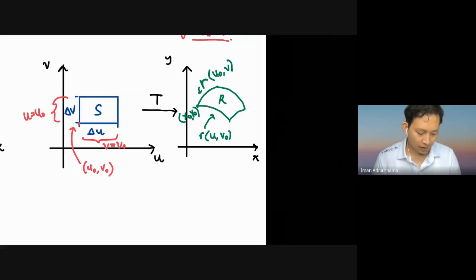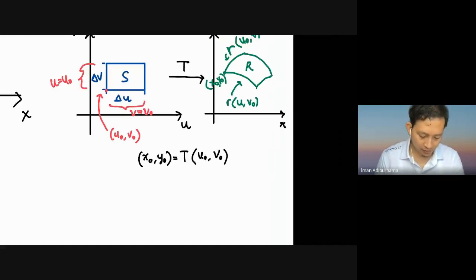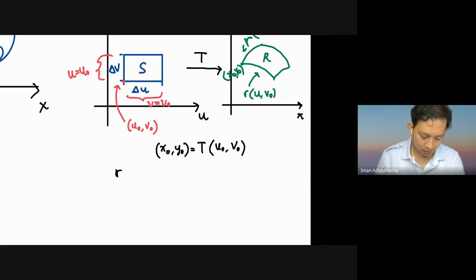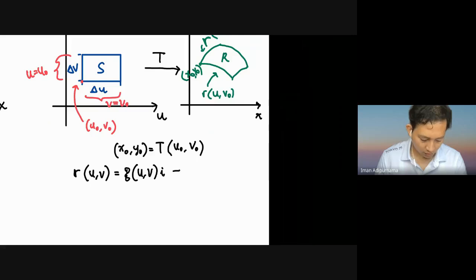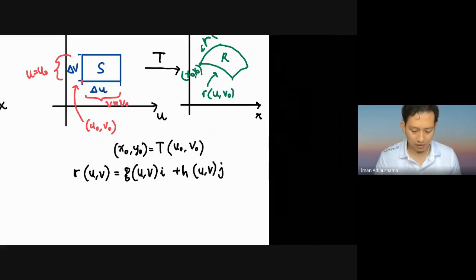Okay, and then the boundary points. So we can write x, y, x0, y0 transform. And then the vector function R of u, v, we can take into function g in the x-axis and function h in the y-axis.